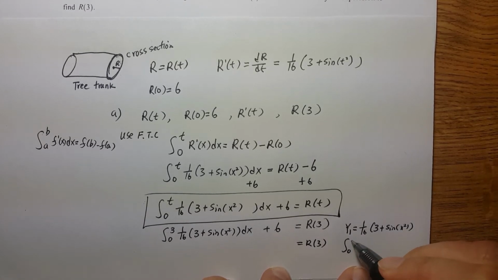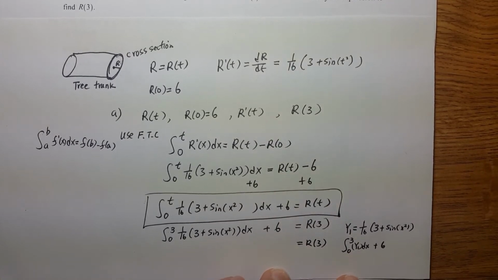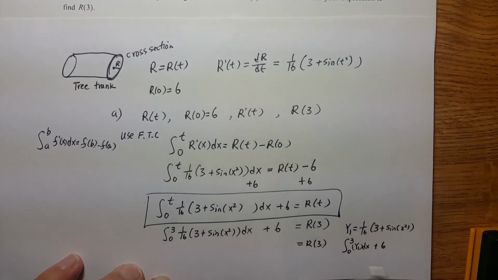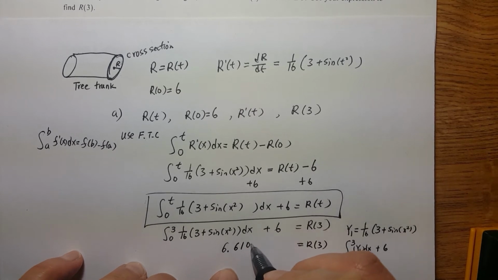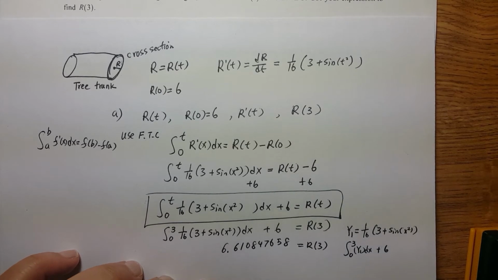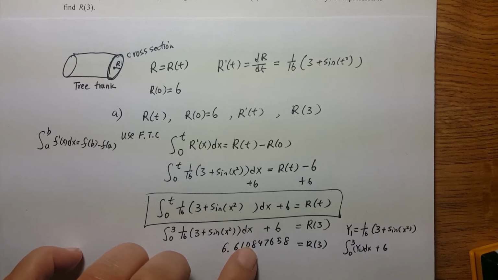And then do the integral. You do math 9, 0 to 3, y1 dx plus 6. Then you will get 6.610847658. I'm going to leave my answer this way because the question never asked me to round. If you want to round, you can round to 3 digits to the right side.